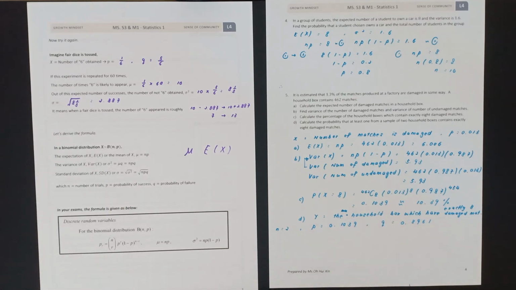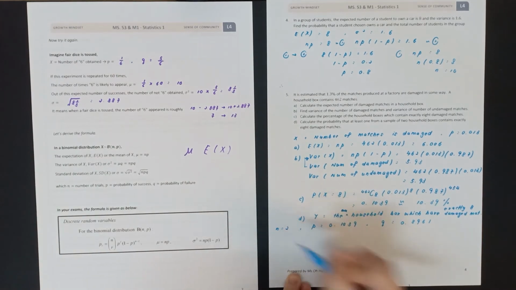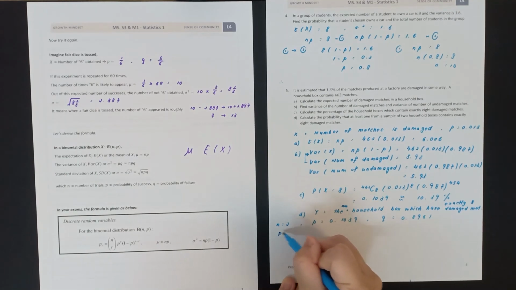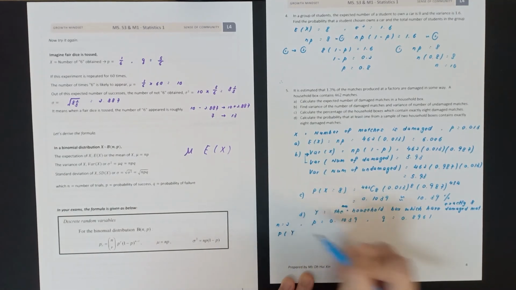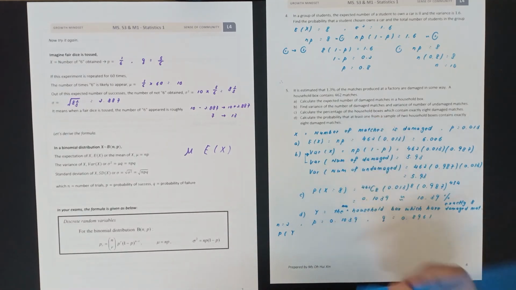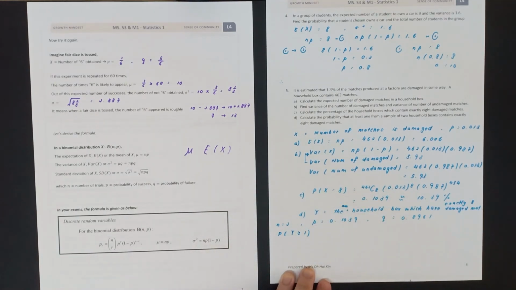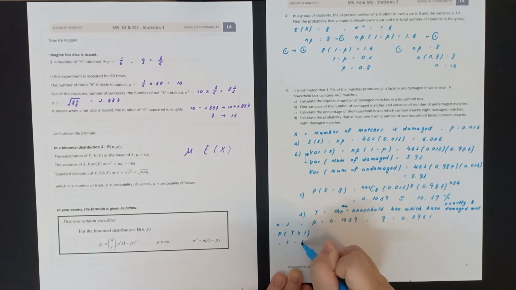If I'm writing in this way, you can see I'm trying to do binomial. I'll write here because I'm afraid I don't have enough space: the probability that the number of household boxes which have exactly 8 damaged matches is at least 1, meaning more than or equal to 1. Then you can do it in several ways. I can either do 1 minus P(Y equals 0).